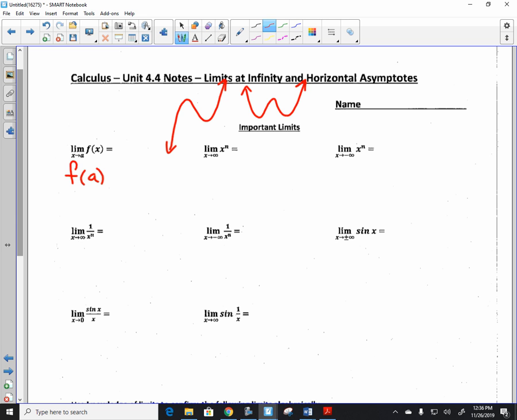You could have a quartic. As x goes towards positive infinity, how do these polynomials end? What does the output go towards? As x goes this way, what does the y value go towards? You see that? Everybody agreed?